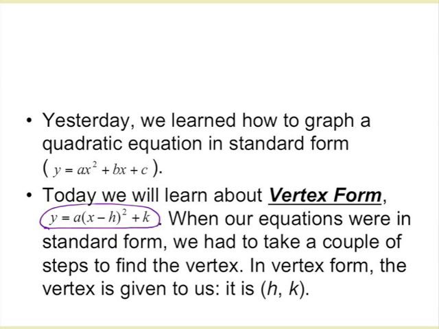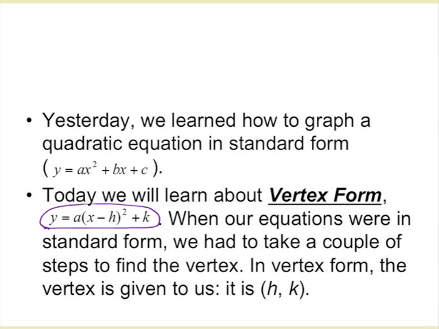The vertex is going to be the opposite of the number that's with the x, and then comma the number that's with the k. Remember when we talked about how our graphs shift sideways when we looked at those absolute value graphs? We said that whatever was inside with the x was a side-to-side movement, but backwards. That's what's happening here too.